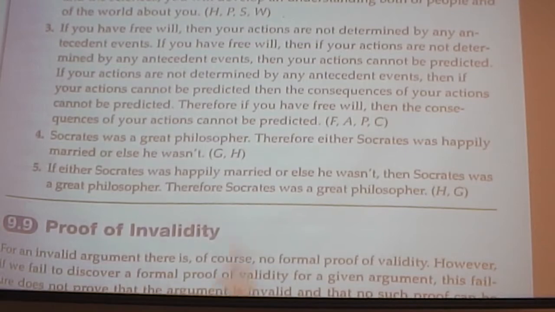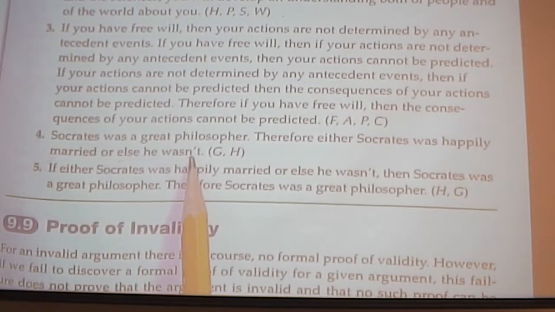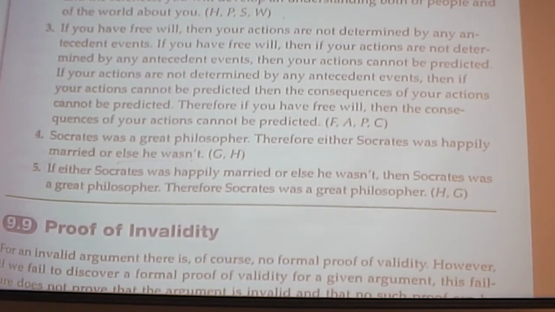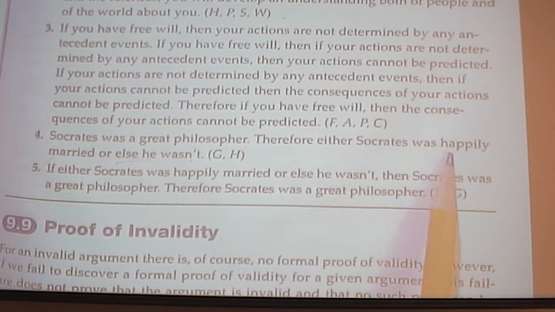Okay, you had to do two things here. You had to complete the simple statement that's referred to by the words, he wasn't. That's just English reading comprehension. Either Socrates was happily married or he wasn't happily married. But the second thing you have to do is see that that simple statement, once you complete it, is the negation of this.